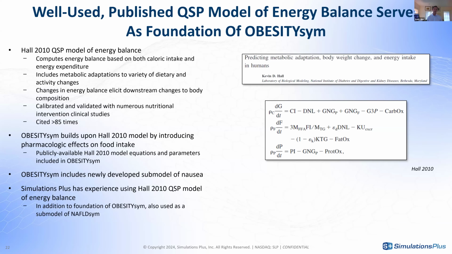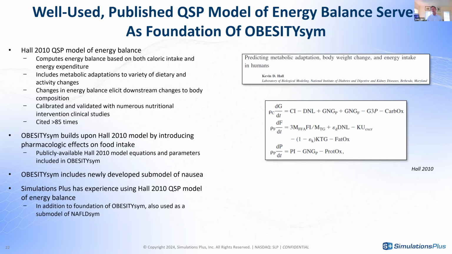So really what we did was we started with that and brought all those equations over, and you can see tracking, for instance, not just energy balance, but nutrient balance, whether it's glucose, fat, or protein, as well as the energy expenditure, all of that included. Sometimes I describe this as perhaps the most famous of QSP models, not only because it's been cited so much on PubMed, but also in the popular press.